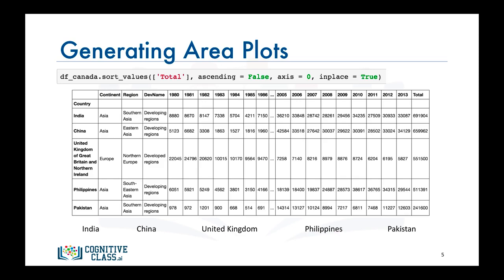Note that matplotlib plots the indices of a data frame on the horizontal axis. And with the data frame as shown, the countries will be plotted on the horizontal axis. So to fix this, we need to take the transpose of the data frame. Let's see how we can do this.